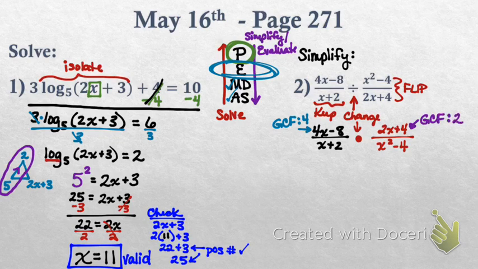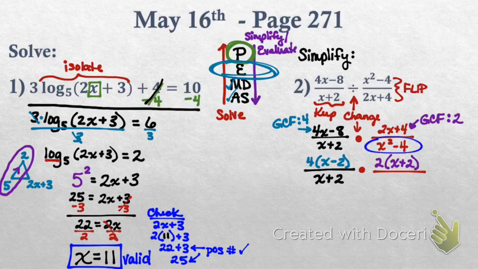So what you just described was pulling our GCFs out, and you did that absolutely perfectly. We're going to have a 4 on the outside with an x minus 2 here. It's kind of like the reverse of distributing. So 4 times x minus 2 over x plus 2. This is multiplication right here. Up on the top, we had a GCF of 2, and so you said we pull that out to the front, and that leaves me x plus 2.